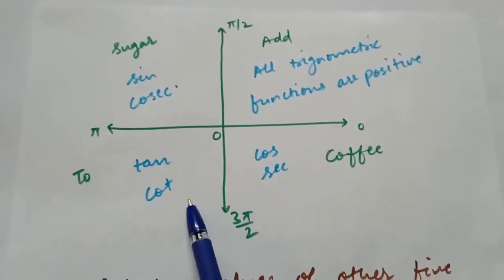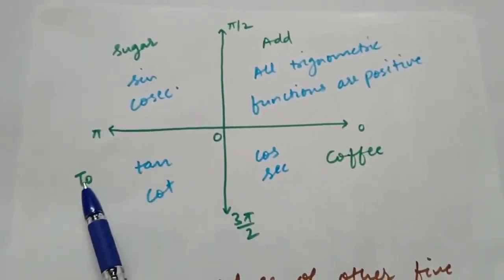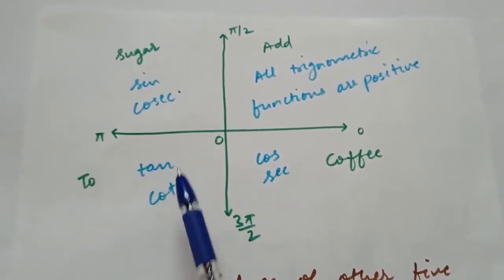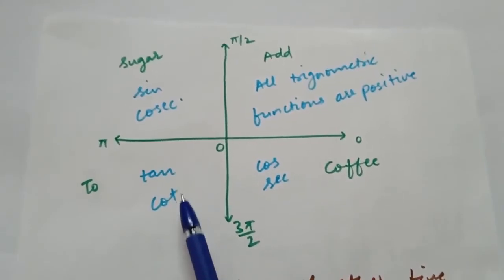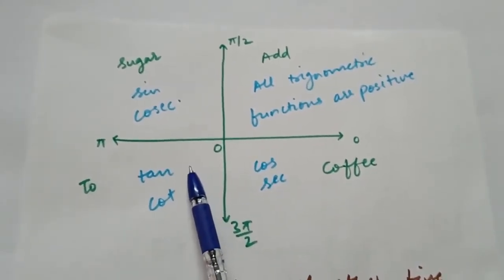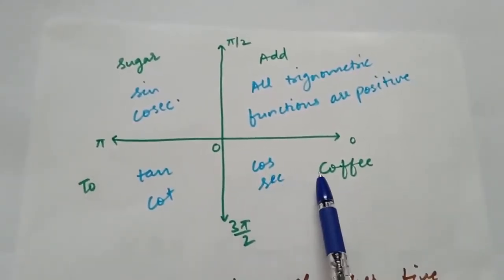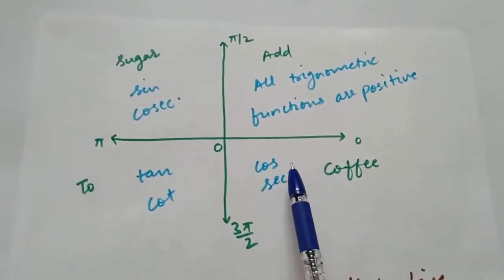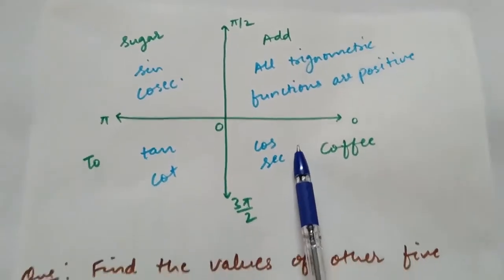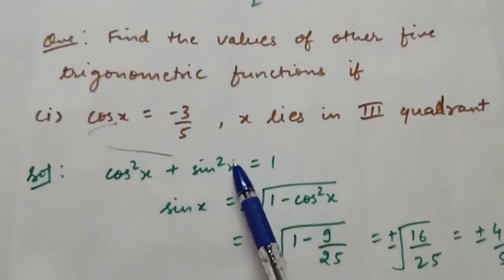Now this is third quadrant, and in this T, that is tangent, and the reciprocal of tangent, that is cot, these two trigonometric functions are positive in third quadrant. And in fourth, starting from C, cos and secant are positive in fourth quadrant. Clear? Now see how to solve the questions.